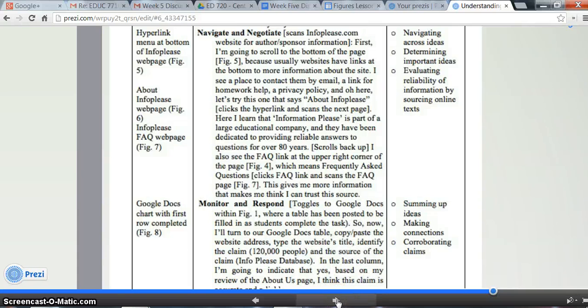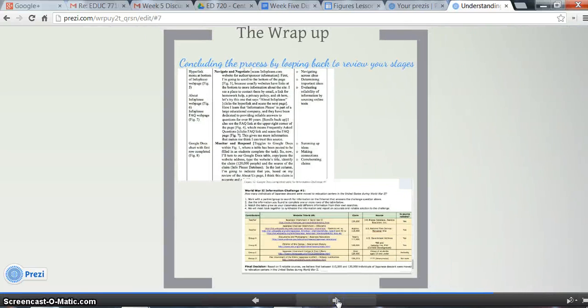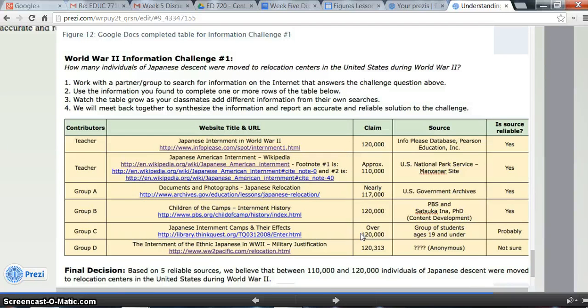We now want to monitor and respond to the work at hand, make some connections, and here we see the outcome of the teachers utilizing different sources, and everyone comes up with basically the same information, so they are able to come to a consensus decision that based on 5 reliable sources, somewhere between 110 and 120,000 individuals of Japanese descent were moved to relocation centers during World War II.